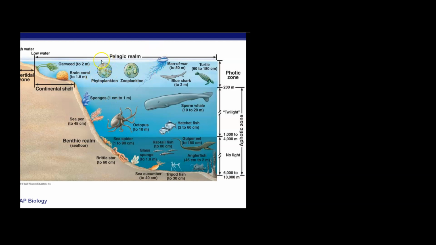So the phytoplankton are the major primary producers in an aquatic ecosystem. We also have underwater plants in very shallow areas, but primarily phytoplankton are responsible for that primary trophic level of most aquatic ecosystems.